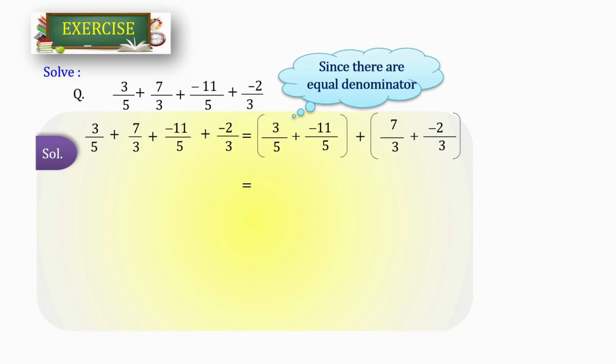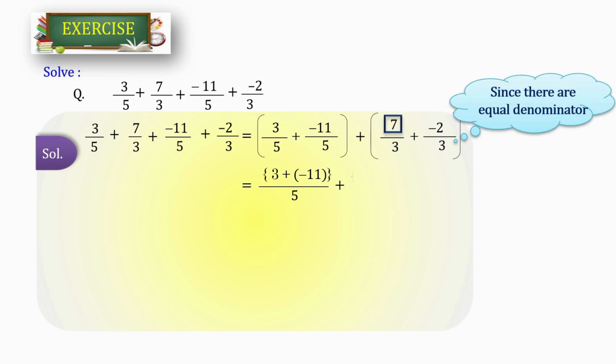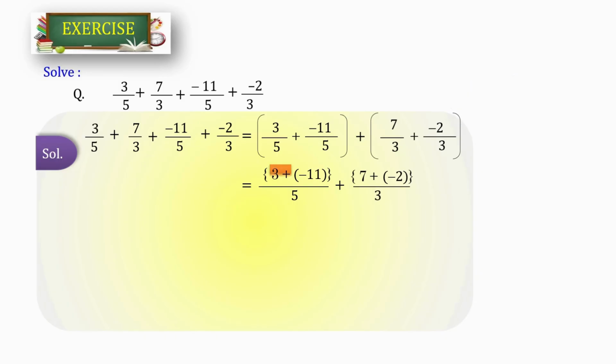Now since there are equal denominators, we can just add the numerators. So the final answer we got is 1 by 15.